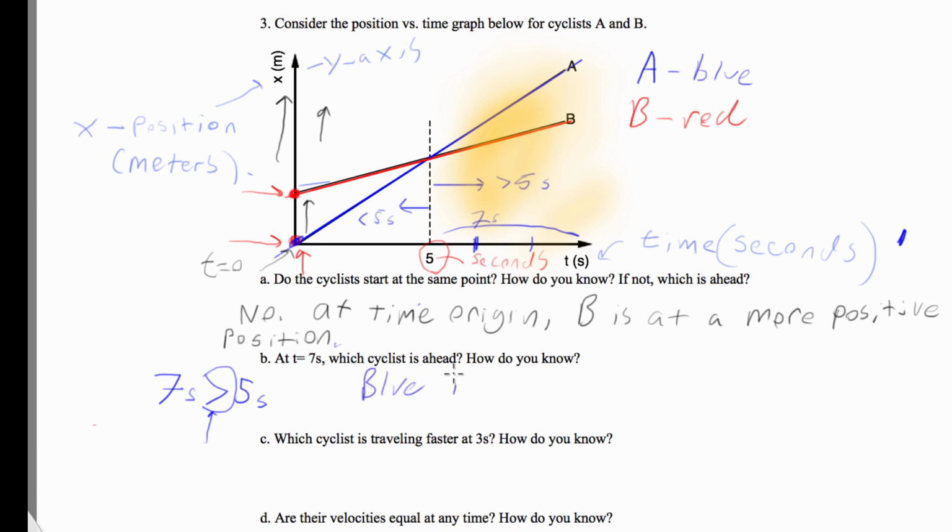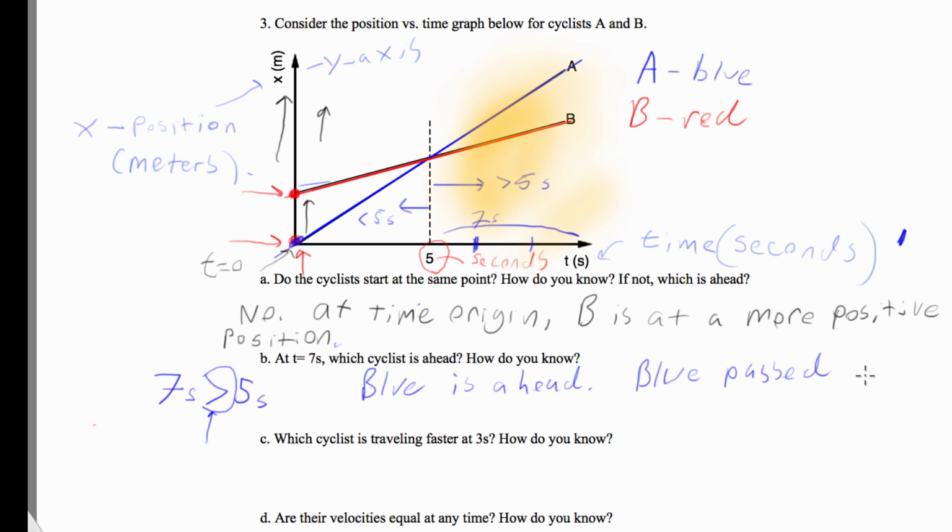So blue is ahead. And how do I know? I see that blue passed, and I really shouldn't be saying blue, I should be saying cyclist A, but since I've colored them, this is okay because I've created a definition of the blue rider and the A rider being the same rider.